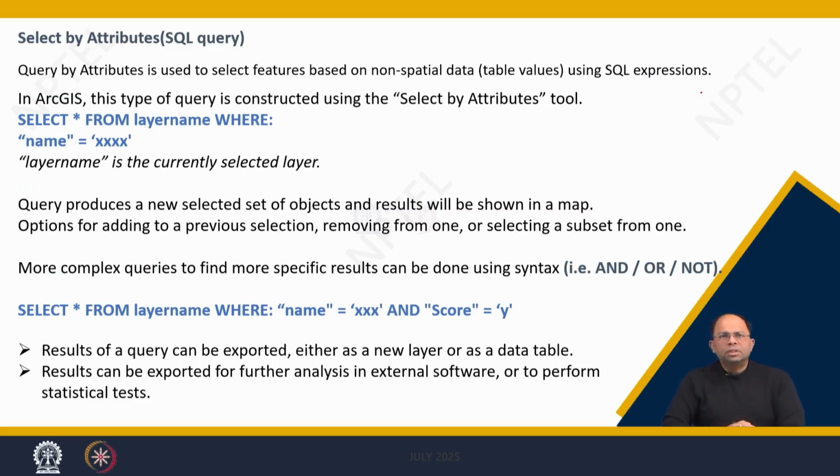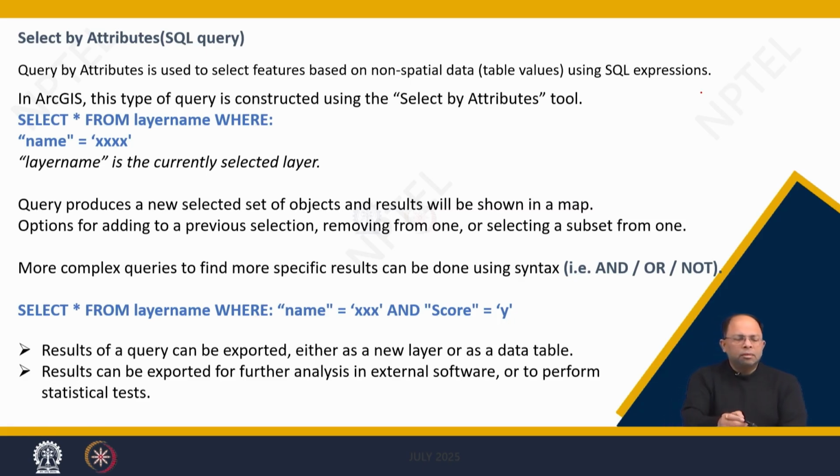Then we come to select by attributes, which is of more importance. We can write SQL queries here, or in most cases, in today's context, in current IDEs, we don't even need to type in the queries, but in case of complicated queries, you probably have to. But simple queries could be done just by pick and choose, right?